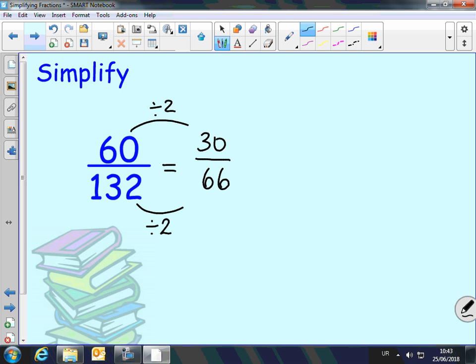Hopefully you will notice they're both multiples of 6, which means we can divide them by 6. 30 divided by 6 is 5, over 66 divided by 6 is 11. So 60 over 132 is simplified to 5/11.